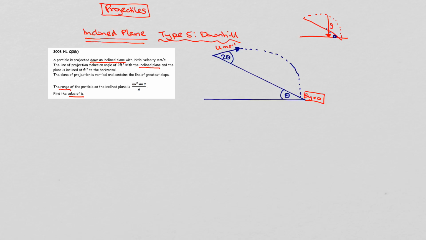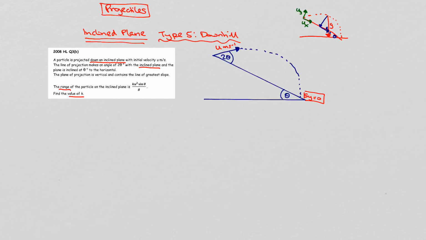And if I resolve my gravity with respect to the horizontal, so parallel and perpendicular, and again, I mark in my initial velocity in the y direction and initial velocity in the x direction.